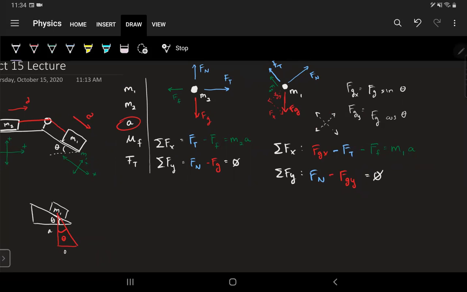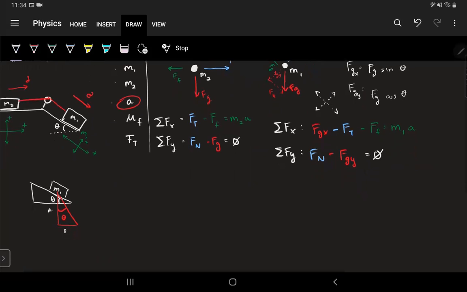Well, simple. I want my answer in terms of the M1, M2, A, mu F, and G. That's what I want my answer in terms of. On an exam and quiz question, Mr. Cho will say solve in terms of M1, M2, A, or G.